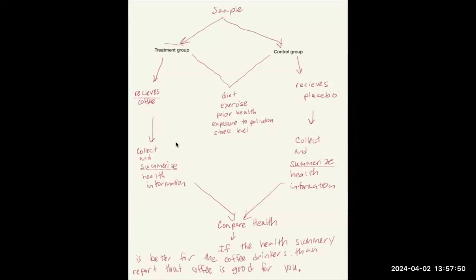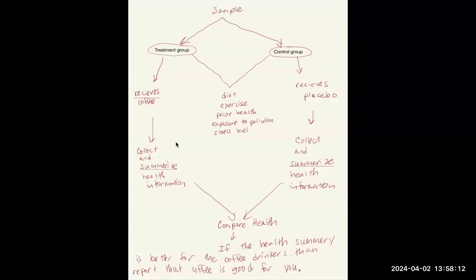This treatment group is the group that's actually going to be receiving the real drug, or the coffee, if that's what's in question. Then we have a control group, and we just have the control group around to compare with the drug group.